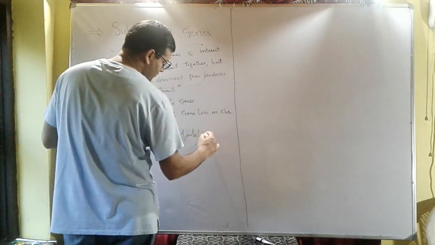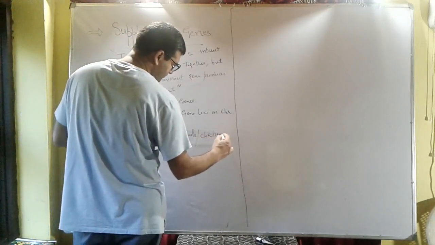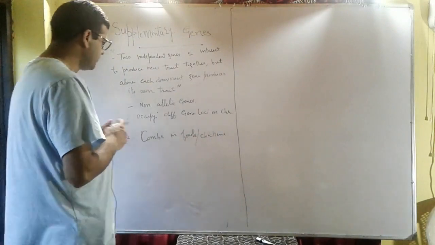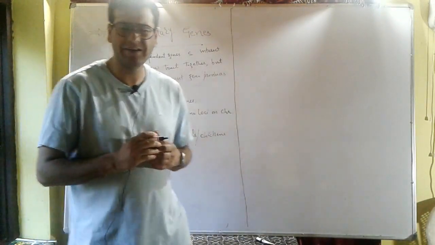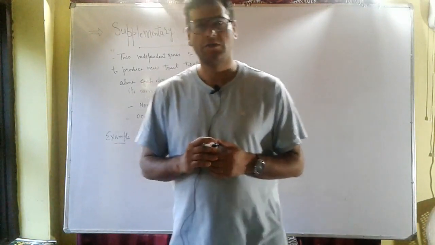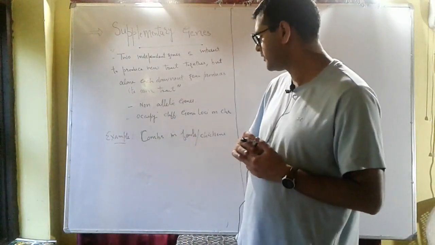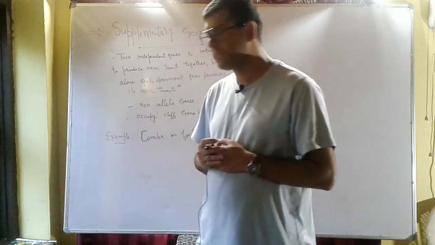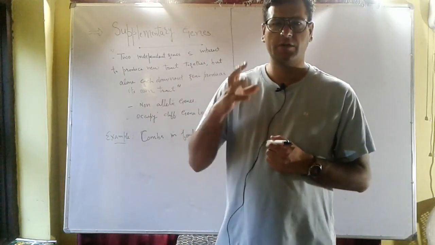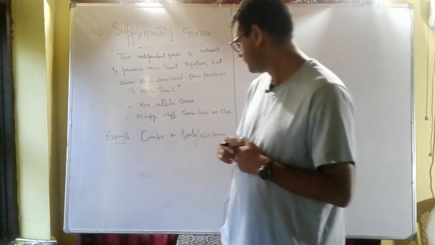Fowls are simply chickens. That means in case of combs in fowls, the supplementary genes interact to produce the combs. We will discuss these. In fowls, in chickens, there are four types of combs.